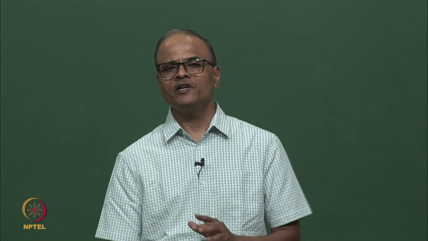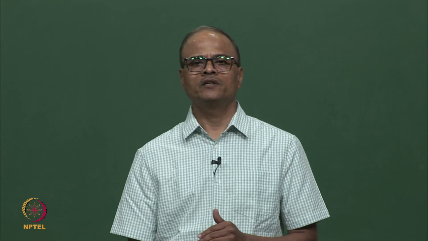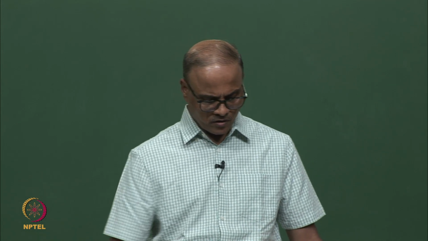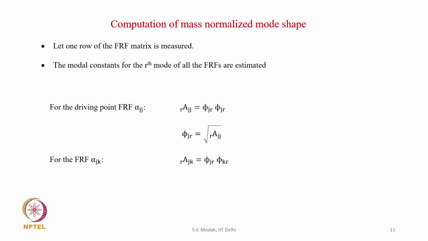Now, once this has been determined, we can determine the remaining elements of the rth mode shape. Let us look at the FRF alpha jk, which is a transfer FRF now. The relationship for the modal constant is R_jk, the modal constant of the rth mode in the FRF alpha jk. So, R_jk is equal to phi_jr into phi_kr.